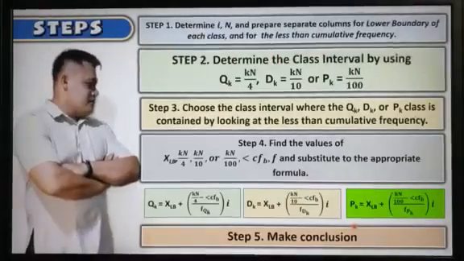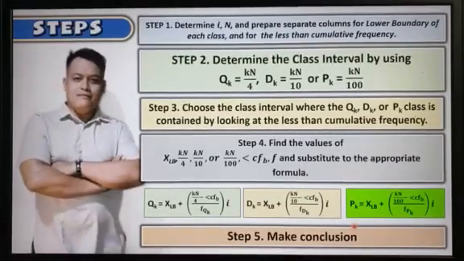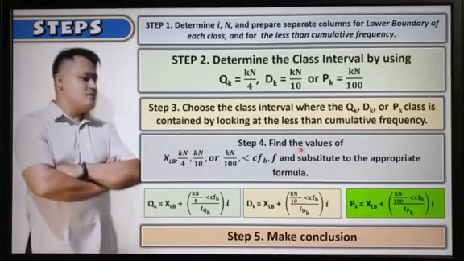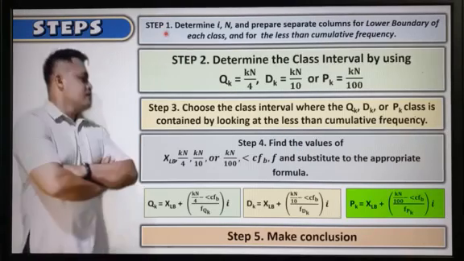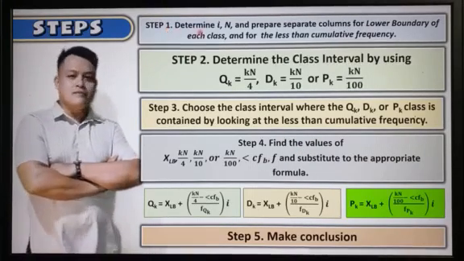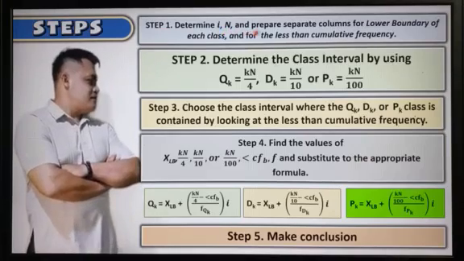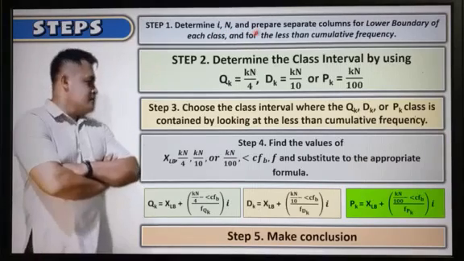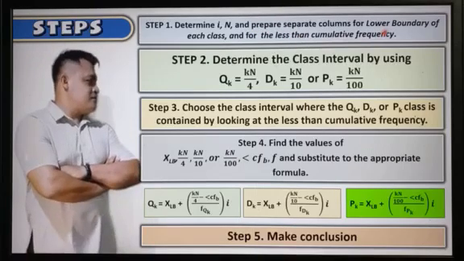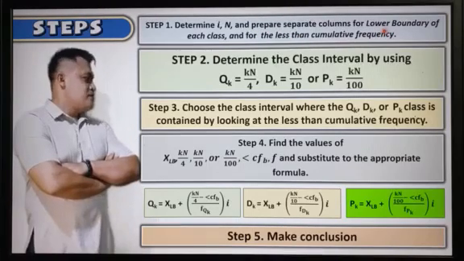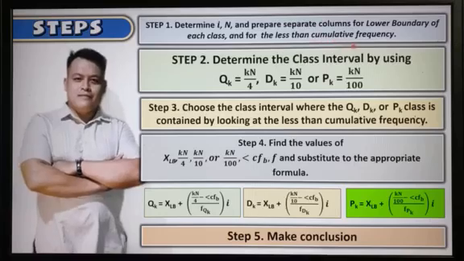In terms of the steps, this is also the same as the steps in finding quartiles, which I discussed last session. Step 1 is to determine the i, n, or, if not yet given, the columns for lower boundary and less than cumulative frequency.